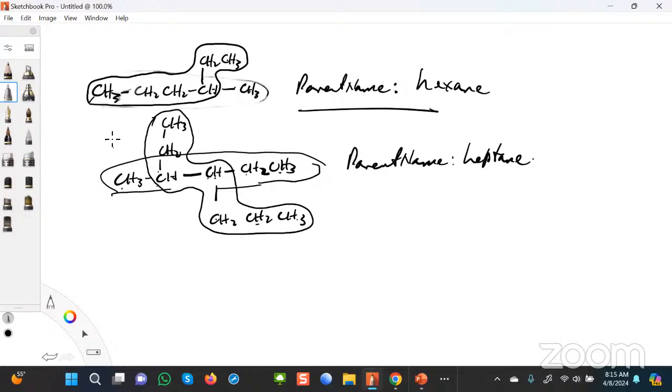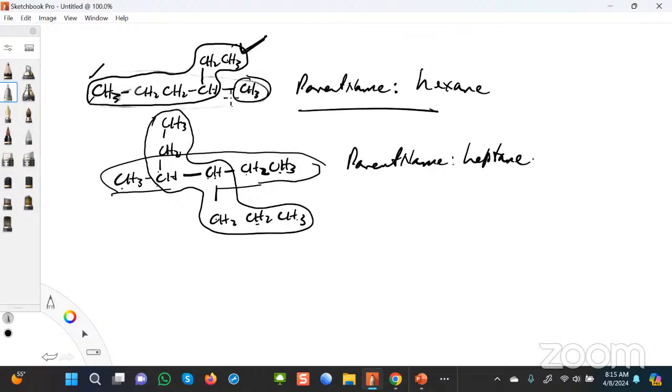We already identified the parent chain in the first example, which is this chain right here, which is circled, right? So the question now becomes, based on the second rule, from which end do you start numbering? Do you start numbering from this end or this end? And the answer is this end, because this end is closest to this branch, right?